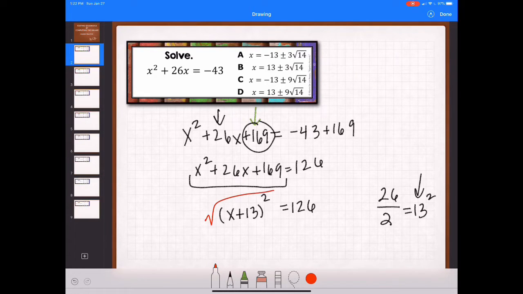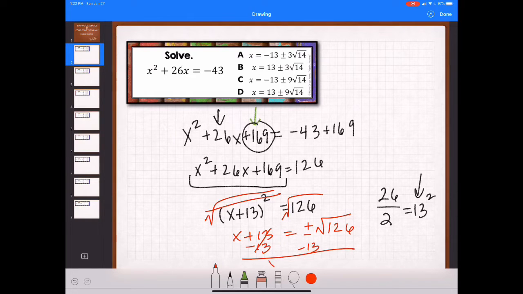So we're gonna take the square root of both sides. You have x plus 13 on the left side equals positive and negative square root of 126 on the right side. Subtract 13. And so that leaves you with x equals negative 13 plus or minus the square root of 126.